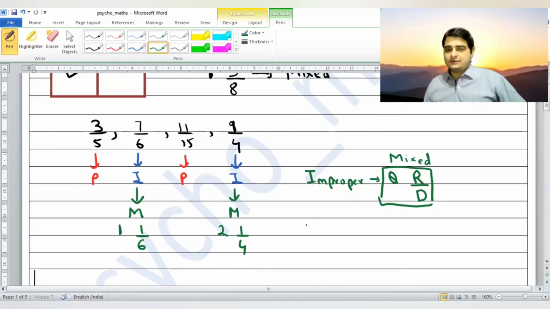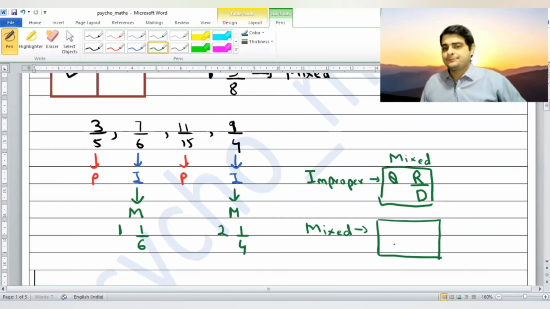And now, from mixed, how would you convert into an improper fraction? Again, the divisor has to be the same. The number of chocolates is multiplied with the pieces they have. So if I say there were 2 chocolates and each had 4 pieces, so 8 pieces we had already given, and from the third chocolate we took 1.